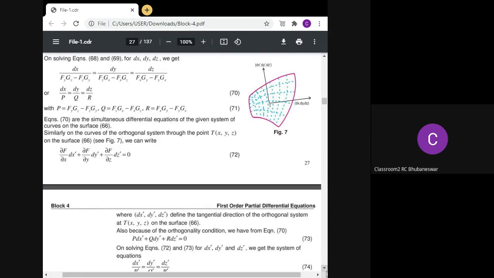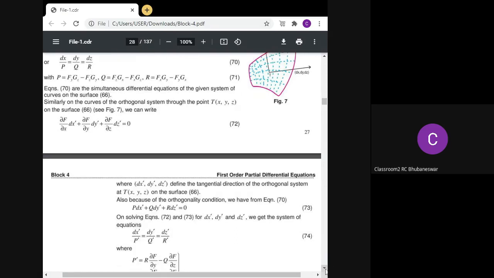And again, from the relations or equations 72 and 73, if we compare these two expressions, very easily we have this relation: dx dash by p dash equals dy dash by q dash equals dz dash by r dash.